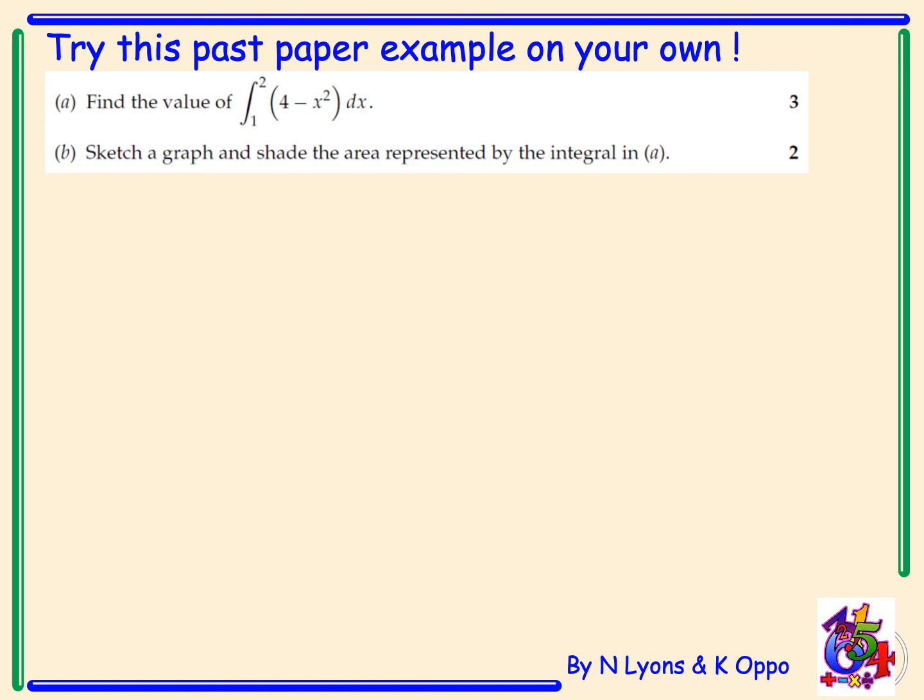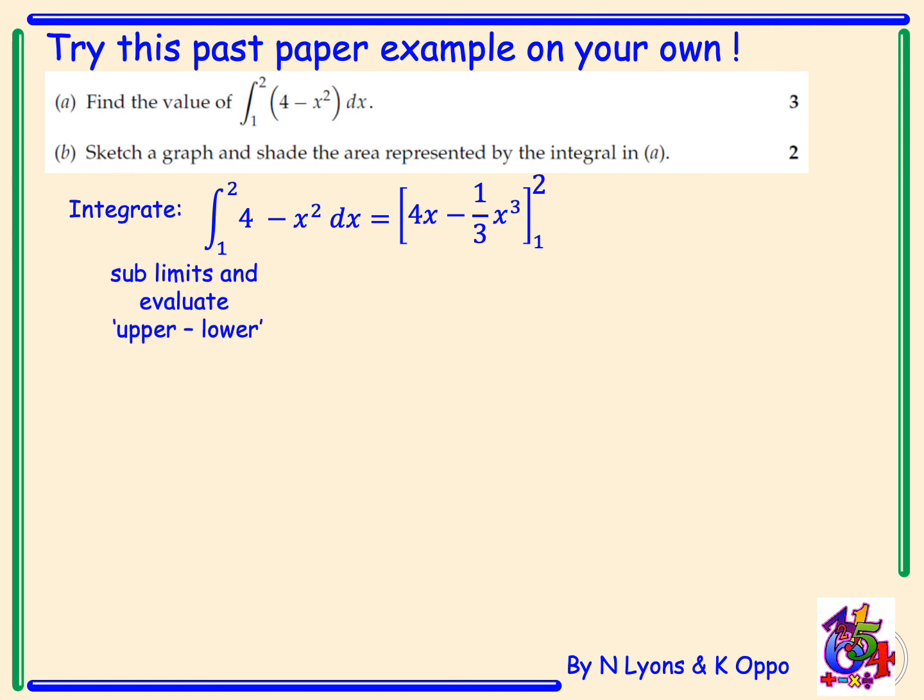And the solution for A, the first thing we're going to do is integrate 4 minus x squared to give us 4x minus 1/3 x cubed between the limits of 1 and 2. We'll then have to insert our limits. So that gives the line 4 times 2 minus 1/3 multiplied by 2 cubed.